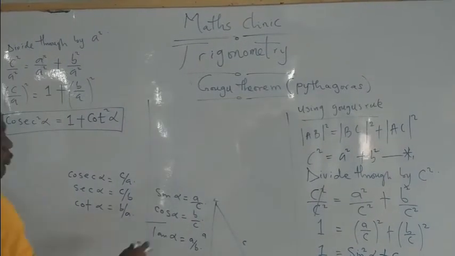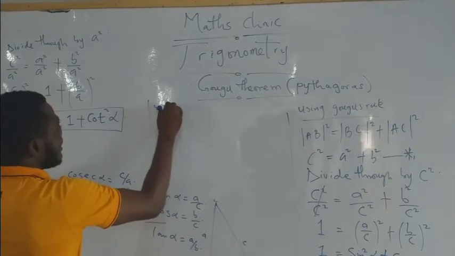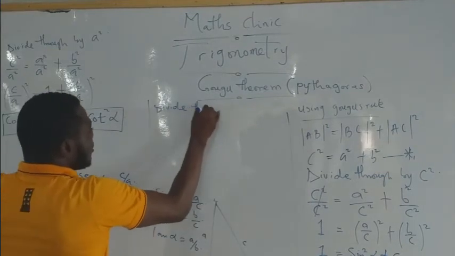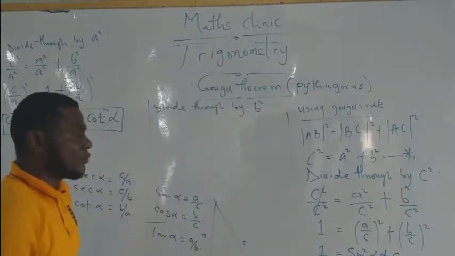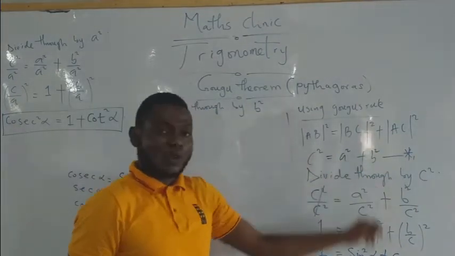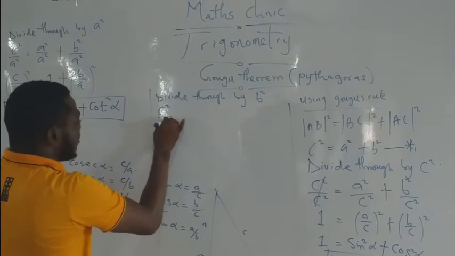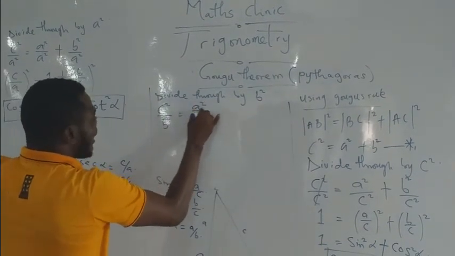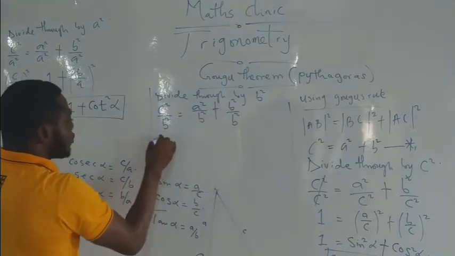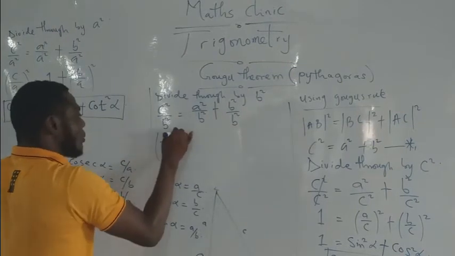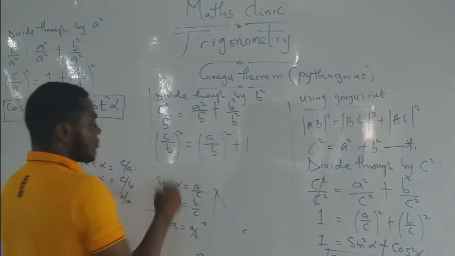Let's look at the third one now, by dividing through by B squared. The first time we divided through by C squared, then A squared, and the last one is B squared. So we have C squared divided by B squared equals A squared divided by B squared plus B squared divided by B squared. This will be C over B all raised to the power of 2 equals A over B all raised to the power of 2 plus 1.